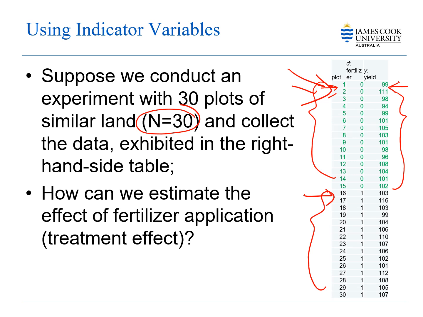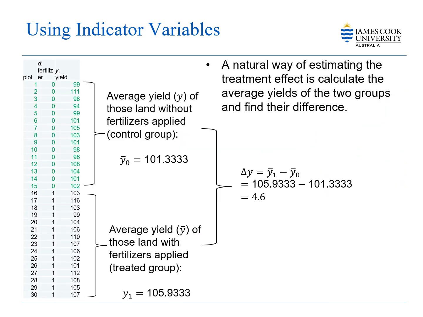So now the question is, how can we estimate the effect of fertilizer application? This is the treatment effect. Naturally, you're going to think that these plots are not treated.